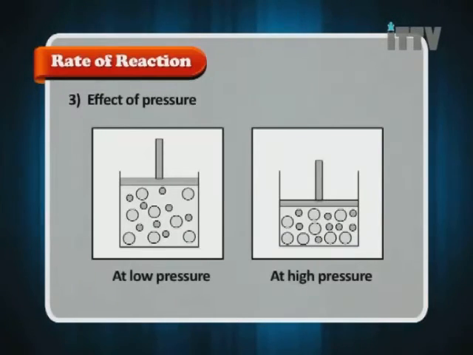But if we look at the second picture on the right, at high pressure, the volume is smaller and there would be a greater number of reactant particles per unit volume, which means for every milliliter or for every cm cube of volume, there would be more particles at high pressure.